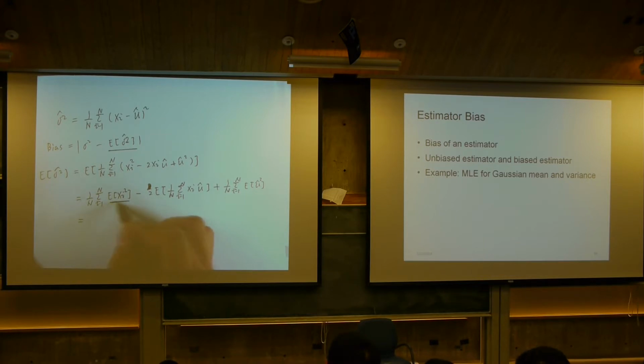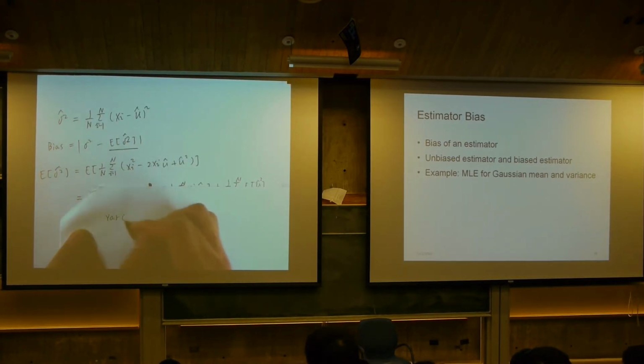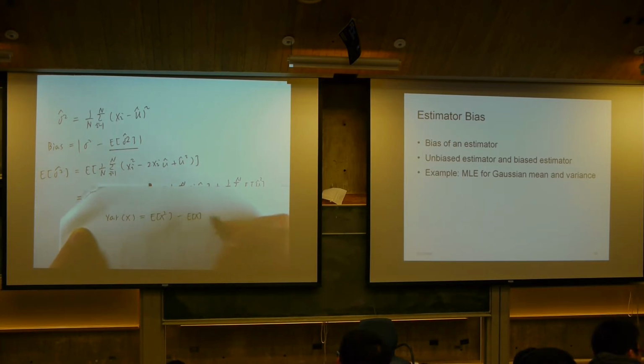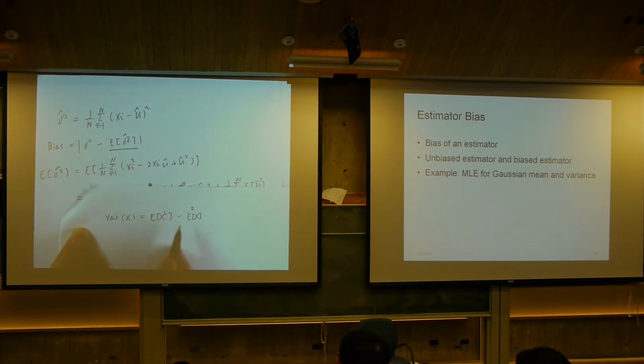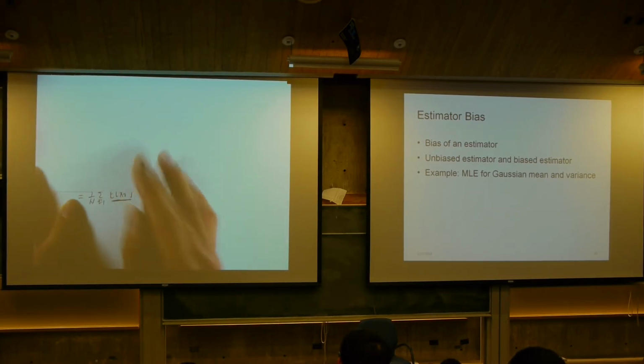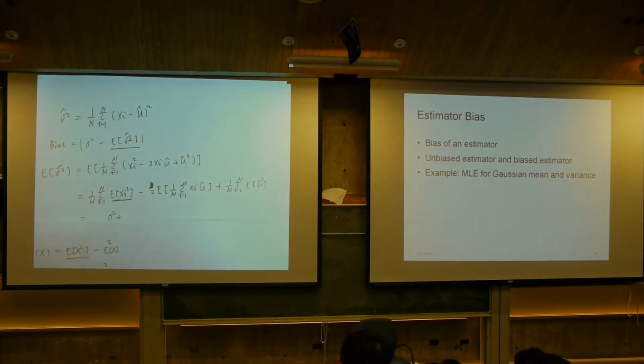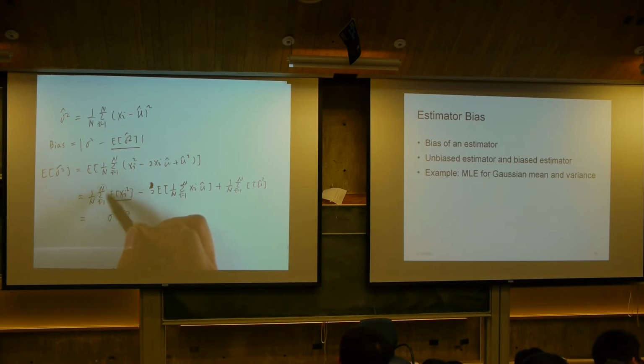What is the term here? Xi is from a Gaussian distribution. Remember that we have a property that the variance of a random variable is defined as E[x squared] minus (E[x]) squared, the square of the expectation of x. These two are different. So E[x squared] equals the variance of x plus the square of its expectation. Using this property, the variance of a Gaussian variable is sigma square and the expectation is mu, so it's sigma square plus mu square. And these two cancel, because we have n sums here divided by n, and this is a constant.